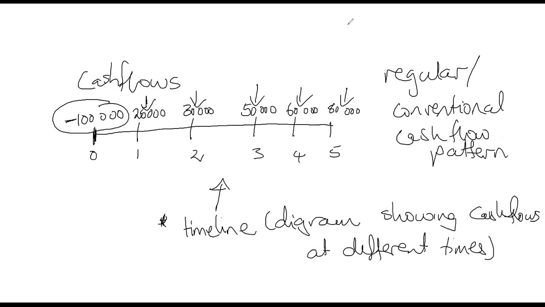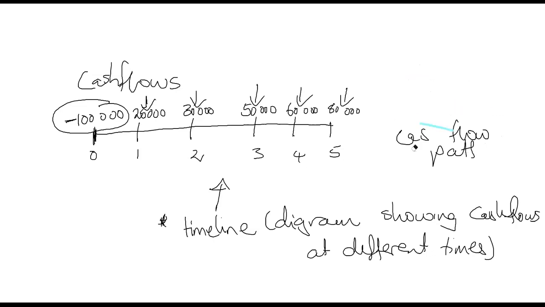But sometimes things are a bit different. You have money going out, and then sometimes you have money going out at the beginning, and then after 1 year money comes in, and then maybe money goes out again, then it goes out again, then it comes in, then maybe it comes in.